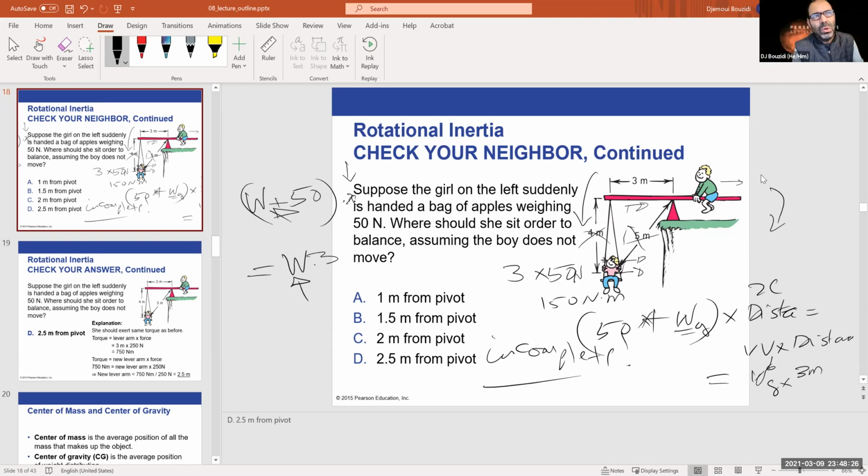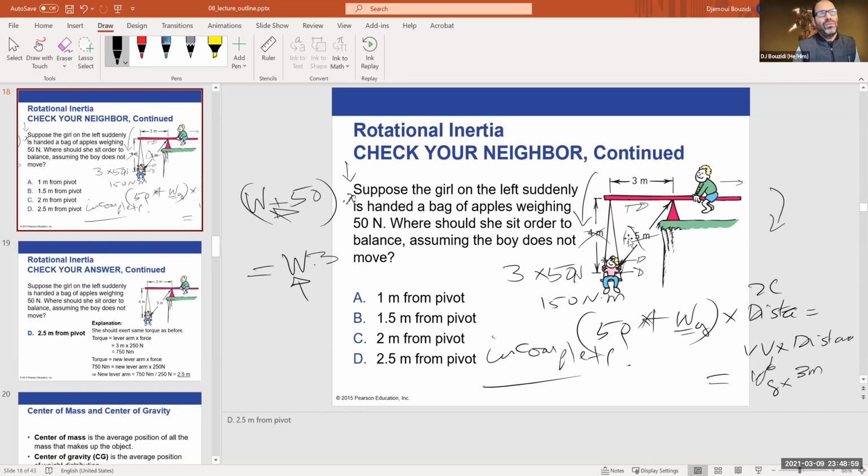Either he moves back to have more torque to compensate for the torque of the girl plus the 50 Newton, or since he cannot move, the girl must move closer to have less arm length, because now her combined weight with the apples is more. Make sense to you guys? Yes or no? Yeah. Yep. At least conceptually. I know the math in here is missing a piece of the puzzle to solve it, but that's basically in a nutshell what this is.